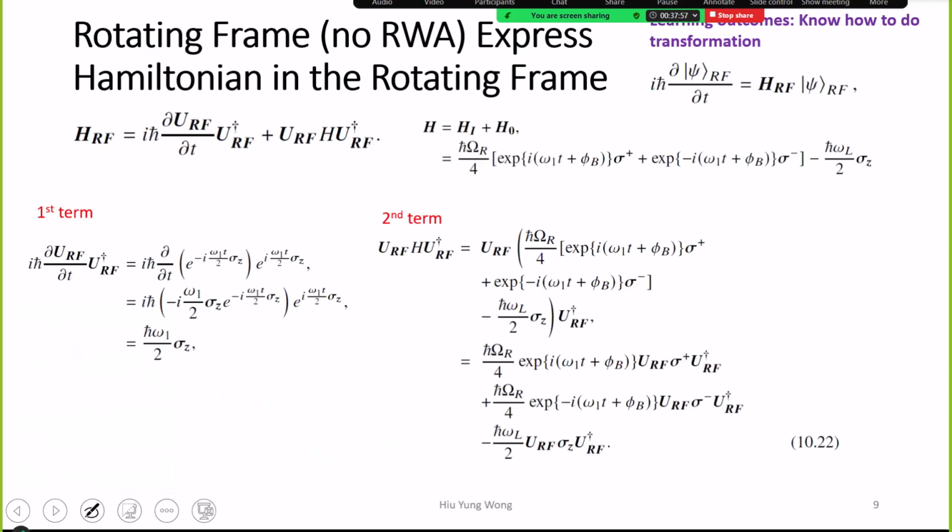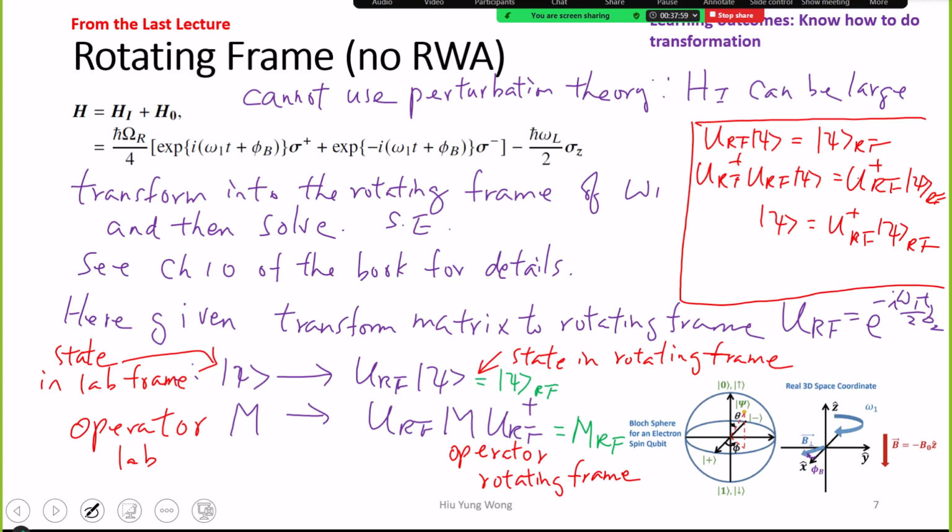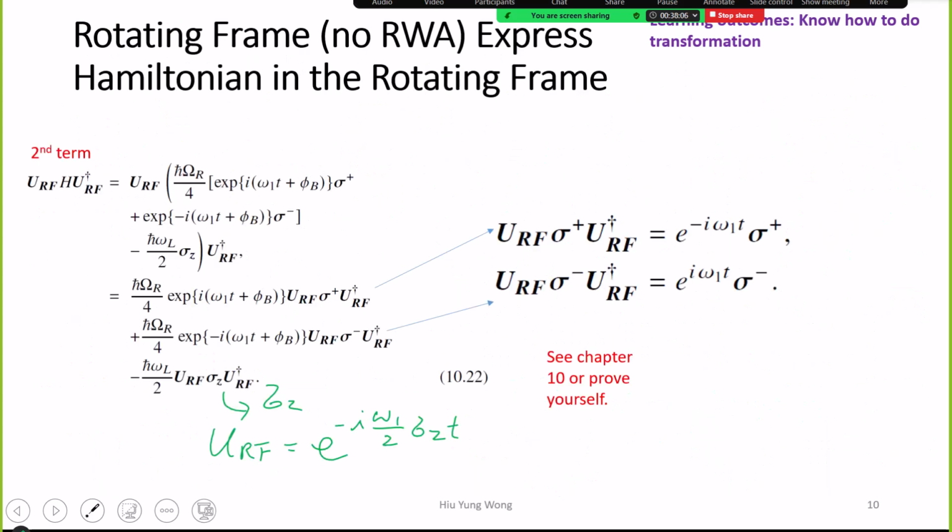t. Let's check if this is correct. Negative i omega 1 t divided by 2 sigma z. This is diagonal. And you have this one multiplied by sigma z. If you expand by Taylor expansion or look at it as a diagonal matrix, they commute with each other.